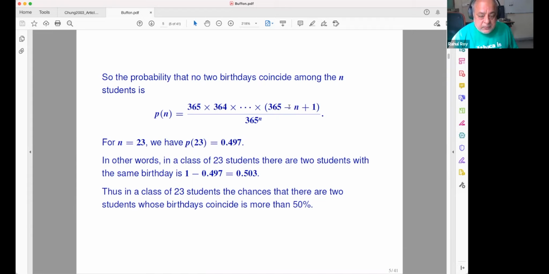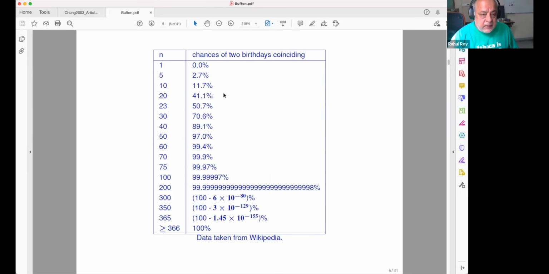So 365 down to 361 divided by 365 to the power 5, that would turn out to be 0.027. So it's 2.7%. Similarly, for 10, you'll see that the chances is 11.7%, etc. And for 23, that's exactly what we told you. The probability was 0.507, or in other words, 50.7% is the chances of two students having the same birthday.